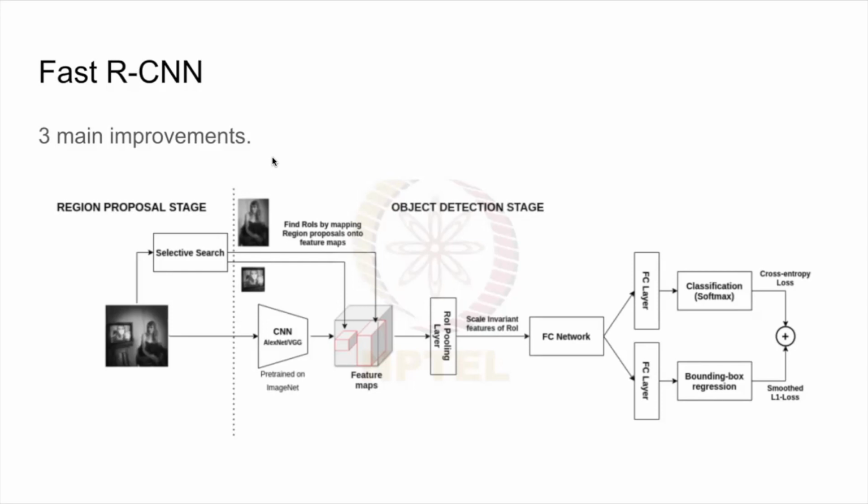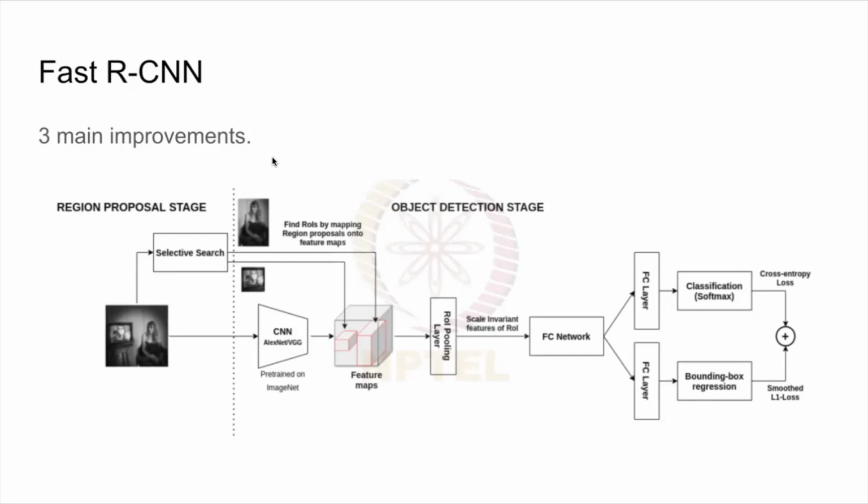So you got the feature map, and then we have something called the ROI pooling layer. With ROI pooling, we pool the portion of the image that we got and pass it to the FC network.